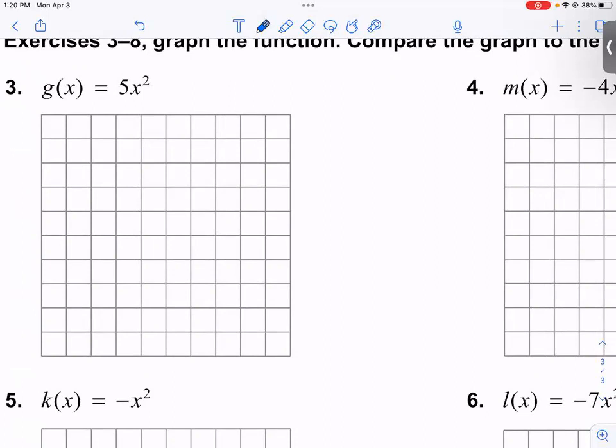Is this going to be skinnier or wider than x squared? Is 5 bigger than 1 or smaller than 1? 5 is bigger than 1. And what did we write down? If our number is bigger than 1, it's going to be skinnier.